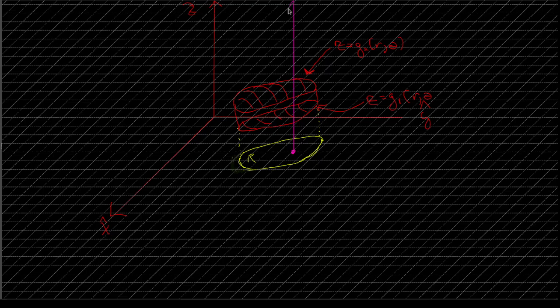We're going to call this ray M. And what we need to note is the point where it enters and the point where it leaves our region in space, D. Where it enters sets our boundaries for z. So z comes in at this first function in r and theta, and z is going to leave with this second function in r and theta. And so that sets up my dz boundary.